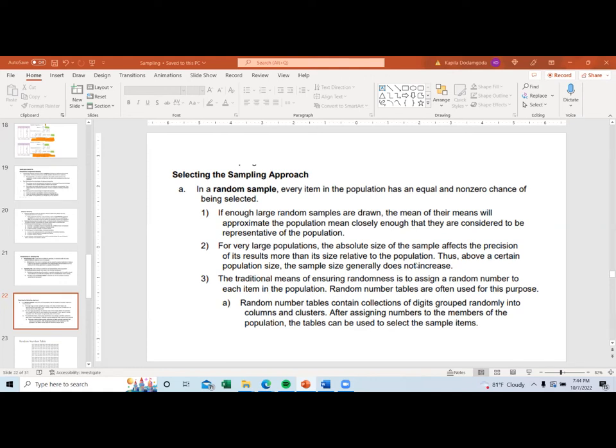If it is a 40 student class, you can probably have a 10 student sample. But if it is a 4,000 student class, a sample of 10 is not good enough, probably we need to have 100. But then probably 100 is not good enough either, a sample size of 200 has to be there. So when the population is bigger, the sample size also should be bigger.